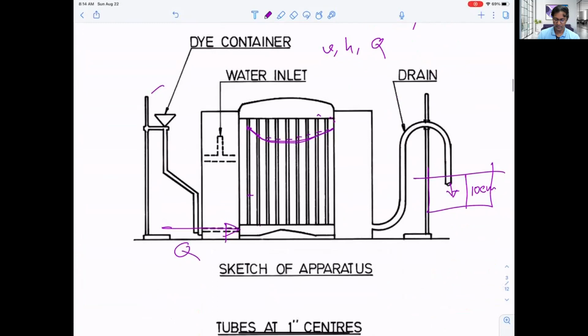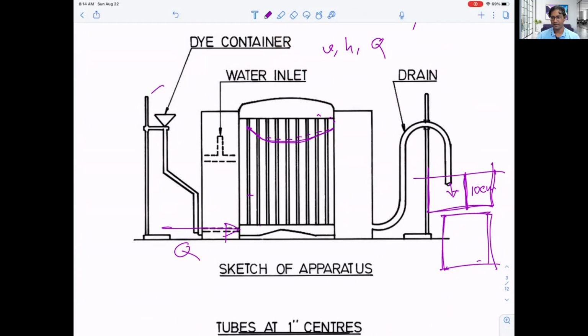We know the section of this tank, then we know the area, and if you know the height, 10 centimeter or whatever the amount is, that will give us the volume of water and how much time it will take to store this 10 centimeter of water. Then we'll have our flow rate, V over T.